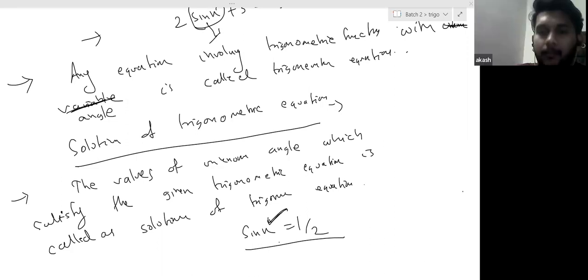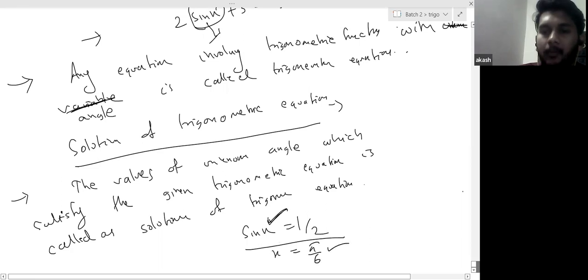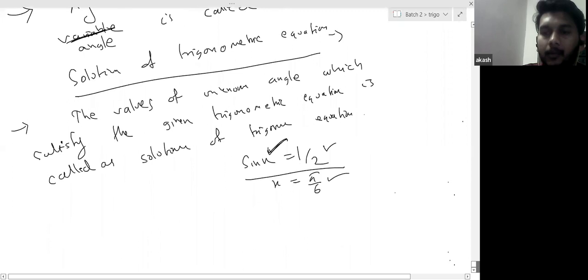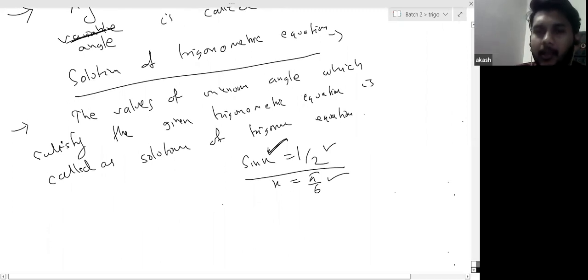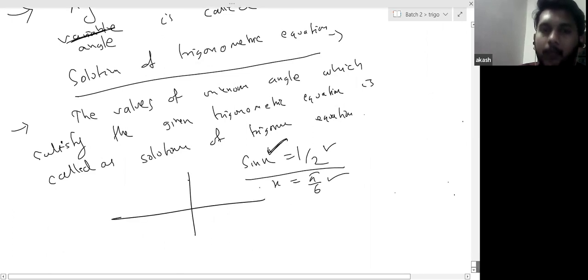So in this example, we can say x is pi by 6, right? For sine pi by 6, we get the value of half. So x will be pi by 6. But why study this? We all know the values, right? We all have memorized the values. So why we need to study is, I told you in the first class, in 11th, we don't study about right angle trigonometry, right?